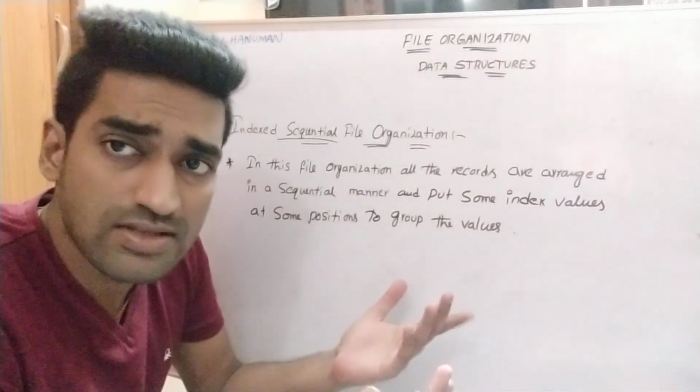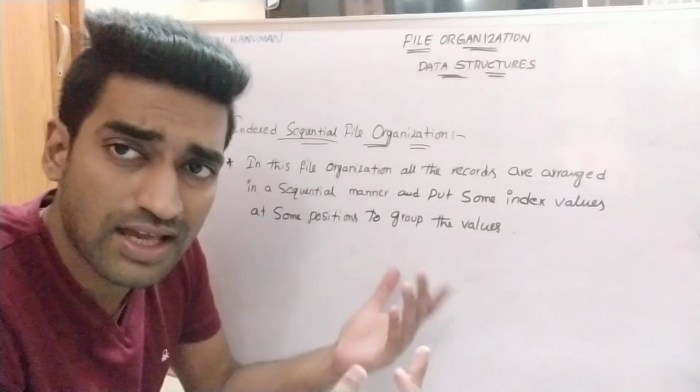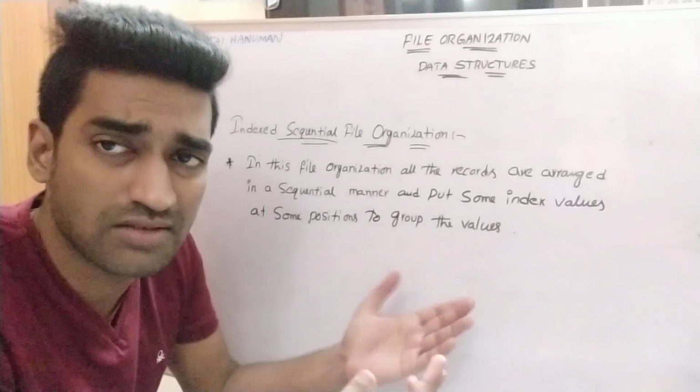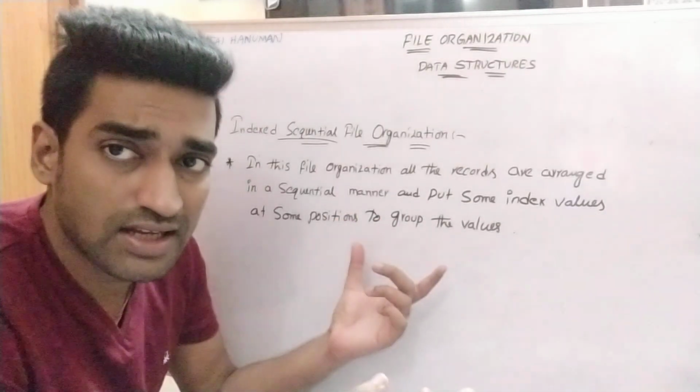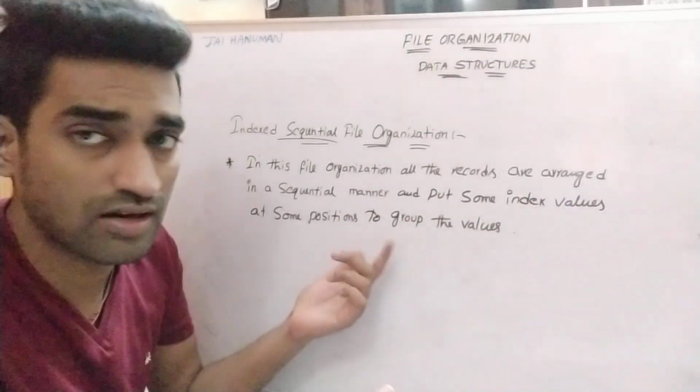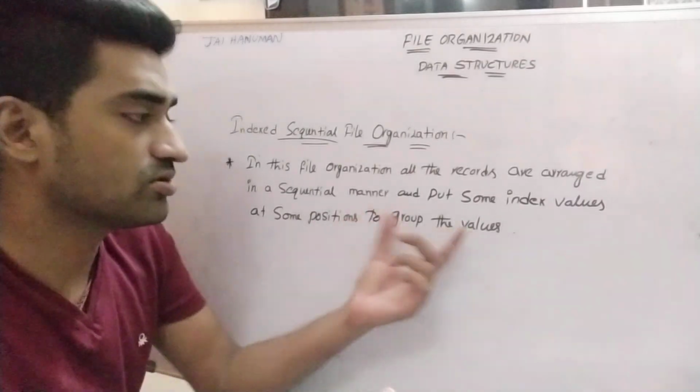In sequential file organization, we are not adding any extra information, that is, indexes. Here we simply add some extra information at some positions only, not all positions, to group the values.